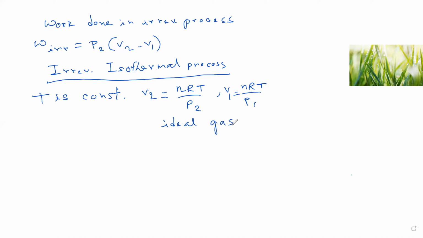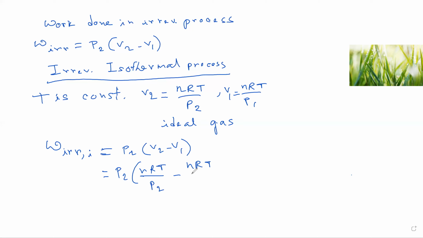So W irreversible isothermal is equal to P2 into V2 minus V1, which is P2 into nRT by P2 minus nRT by P1.